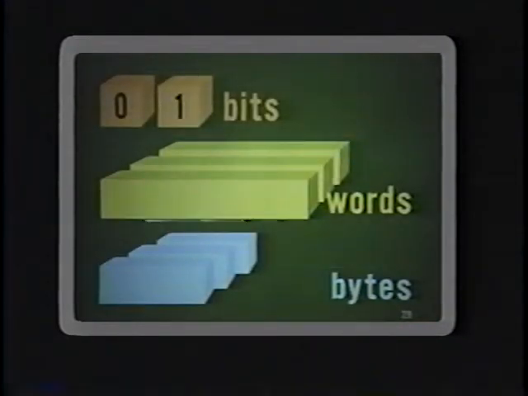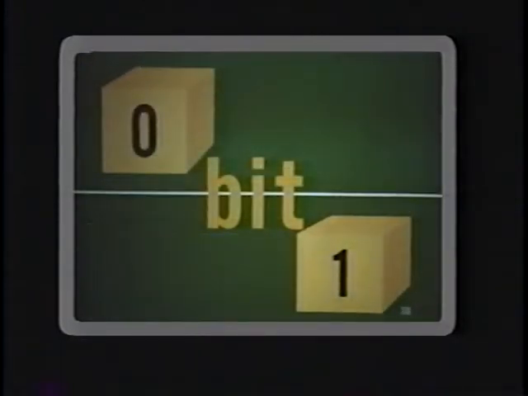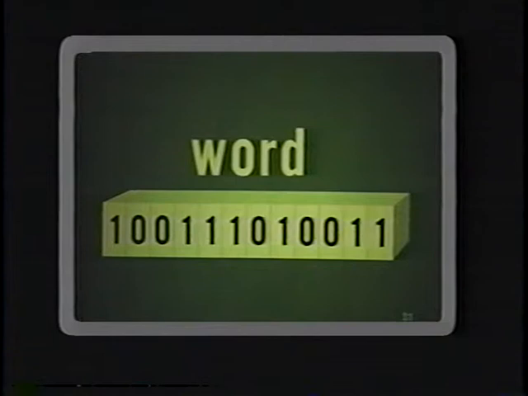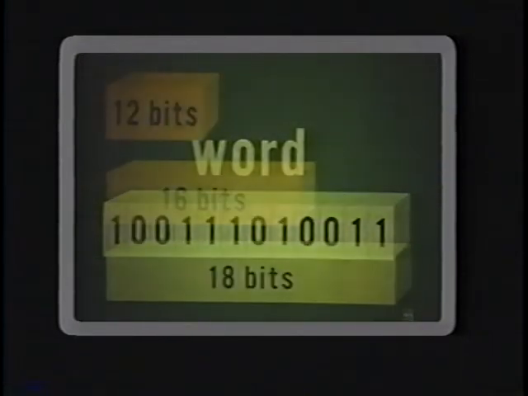In this lesson, we've defined 3 basic units of information: bits, words, and bytes. The bit is the smallest and the most basic unit of information. It's either a 0 or a 1. Individual bits are usually awkward to work with, so they're grouped together to form a larger unit of information called a word.